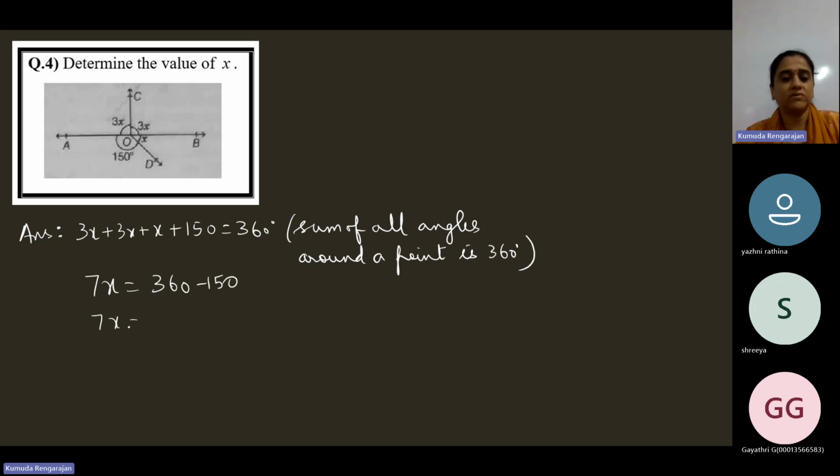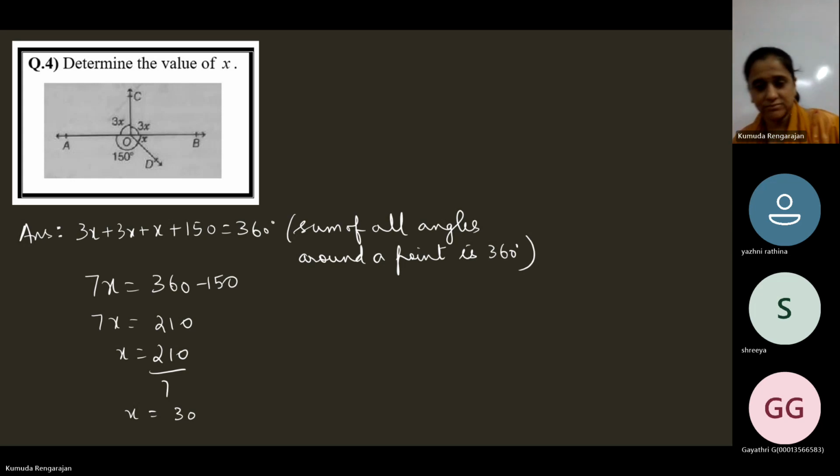So 7x is equal to 210. x is equal to 210 by 7, x is equal to 30. So that's the answer: x is 30. You do get the same thing when you work 3x plus 3x is equal to 180 also. You get 6x is 180, x is 30.